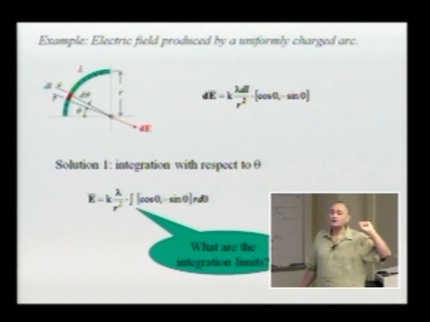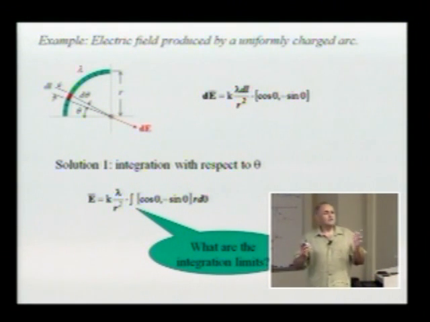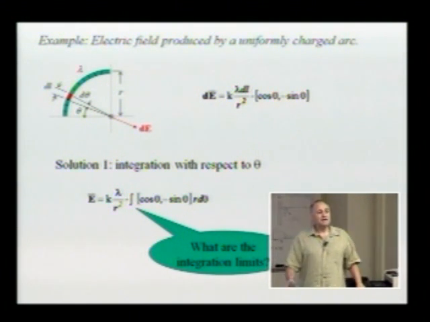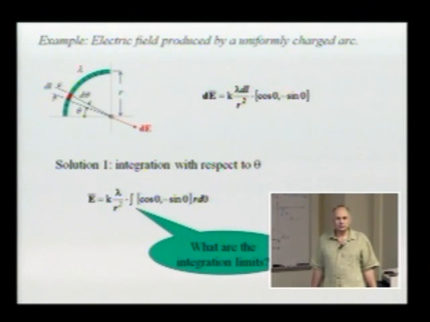From 0 to 90 degrees. Right, so if you wrote it that way, we prefer to stick with radians so the units are consistent, so it will be from 0 to, and how many radians is 90 degrees? Pi over 2, correct. Now, what's your name? Eric. How did Eric decide to take it from 0 to pi over 2?